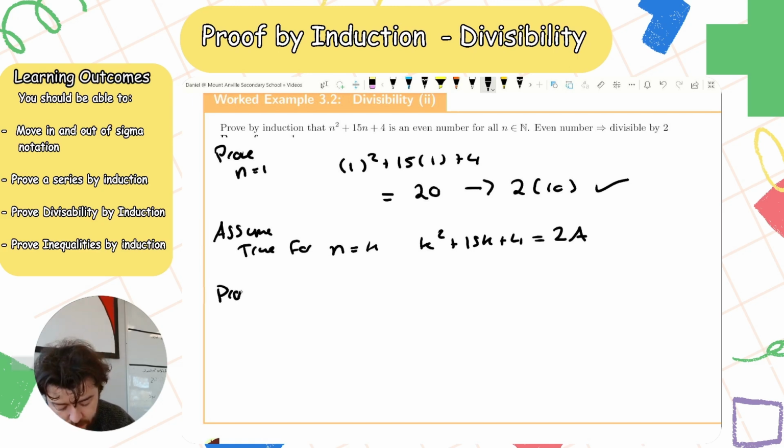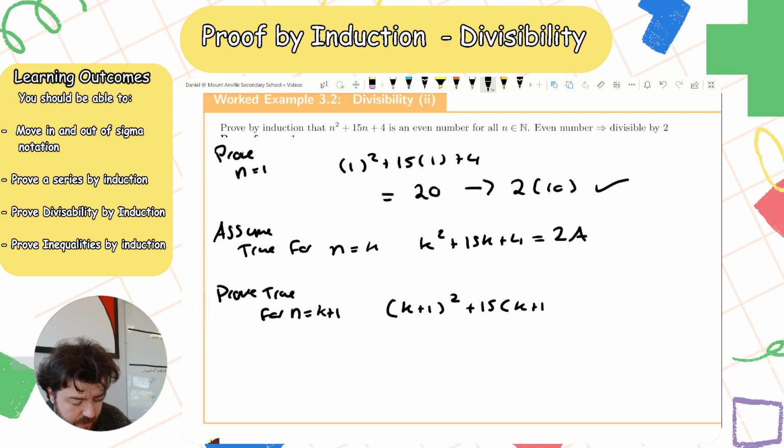Now we need to prove true for n equals k plus 1. So I'm left with k plus 1 squared plus 15 times k plus 1 plus 4.